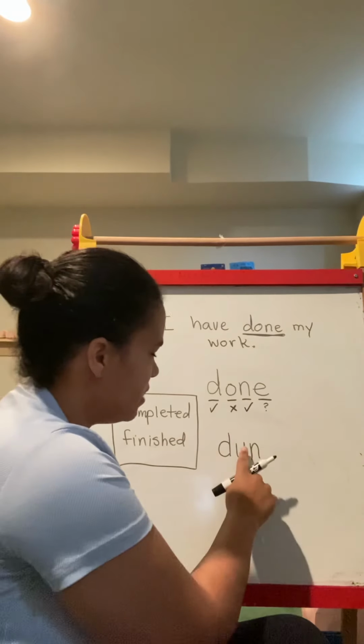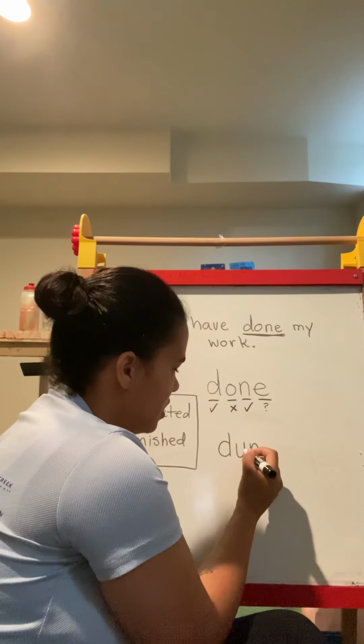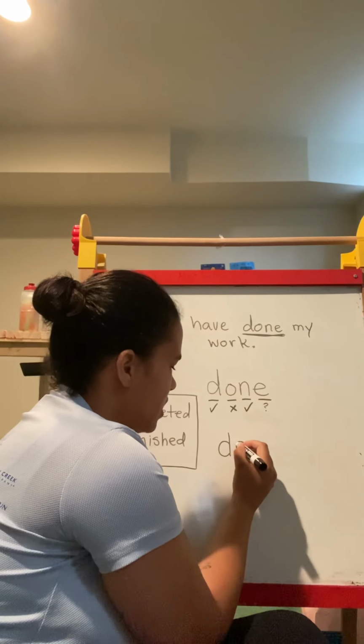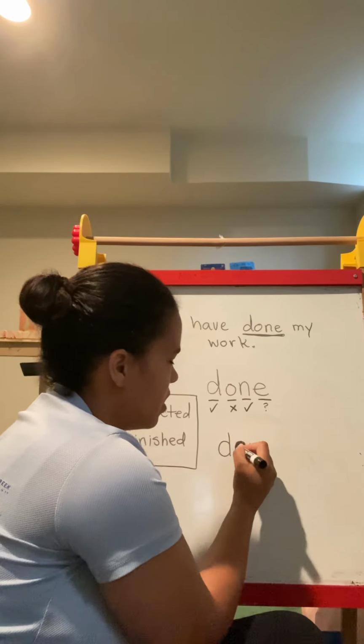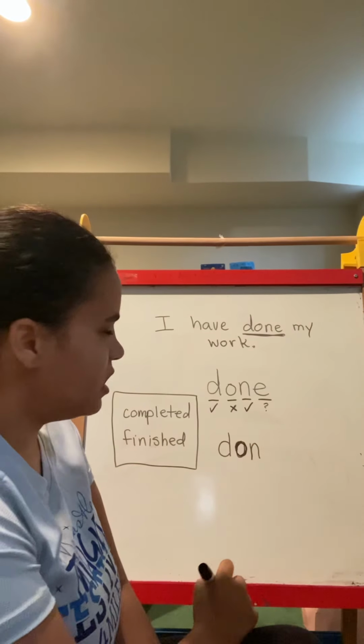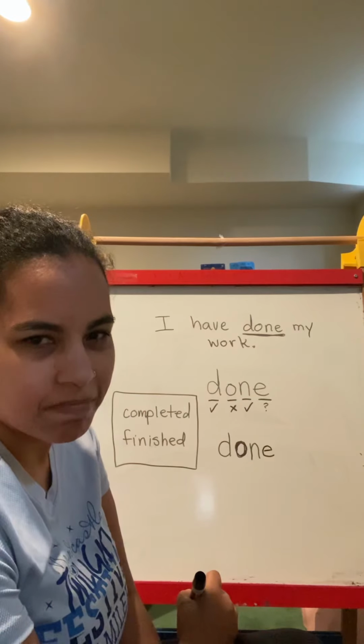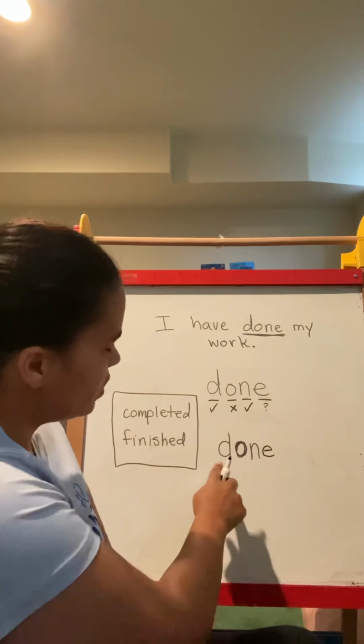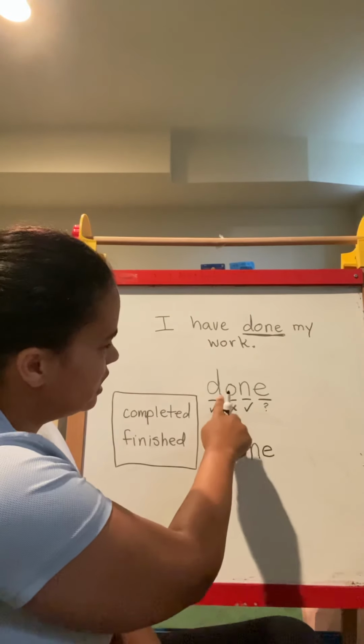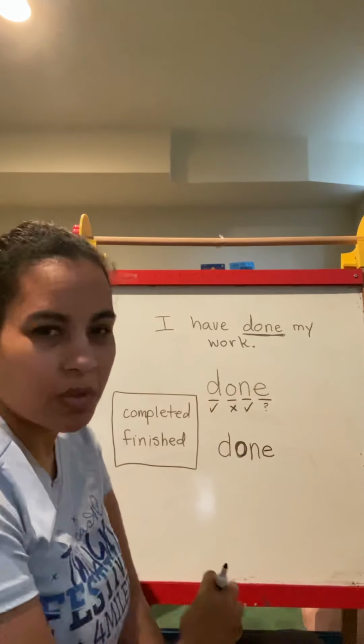So what they did was they got rid of this tail here. They bridged it over and they made that an O. And then they added a silent E to show that it was changed. So that's how we get D-O-N-E from the word done.